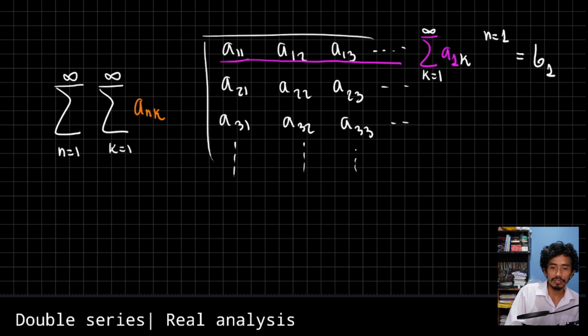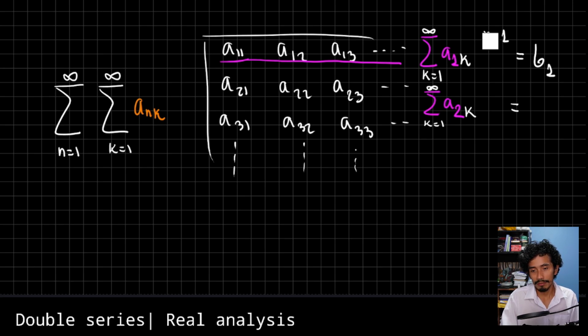Then when you sum the following row, you will have this with n equal to 2, and let k vary in its whole range. And this will be another number, given that it is convergent, because some rows may be divergent.